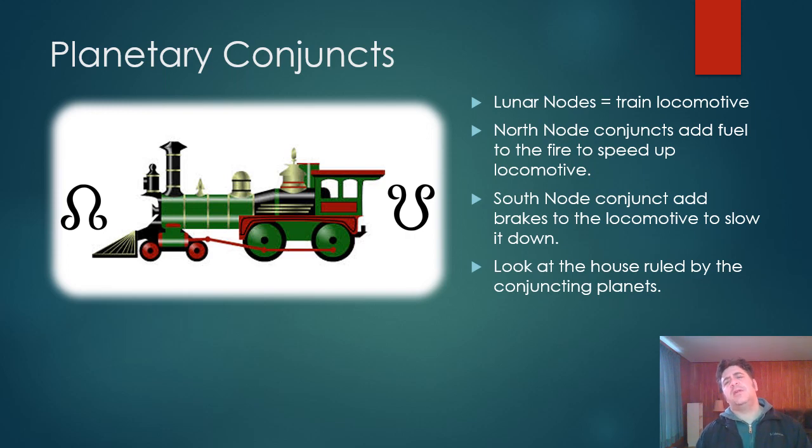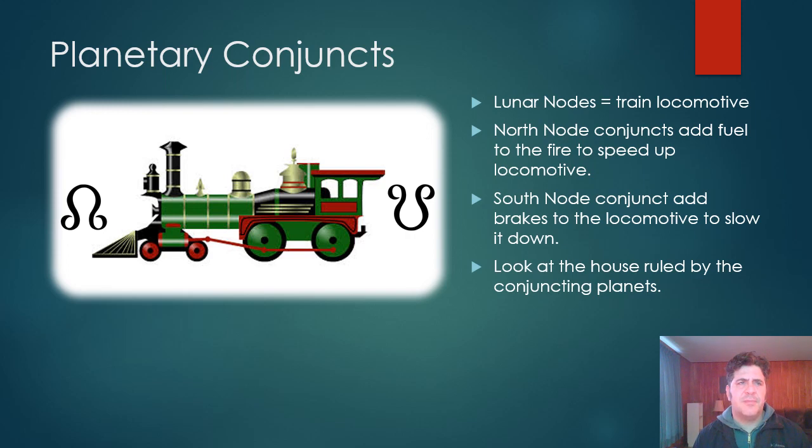So how do you interpret this? People with planets conjunct the north node are accelerated. Their purpose in life is to develop their north node, whereas those that have planets conjunct the south node are not supposed to mature right away.